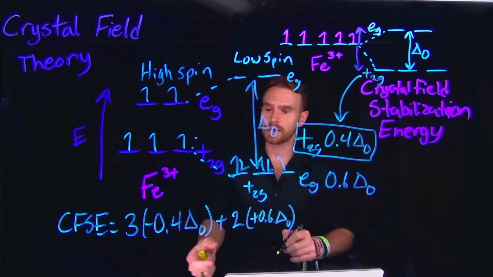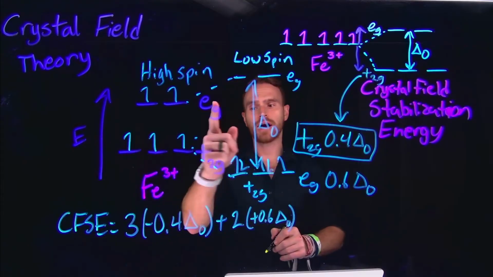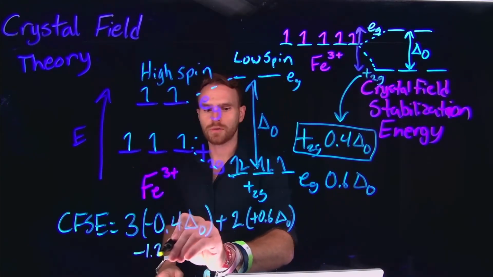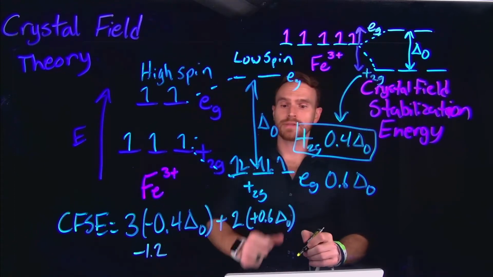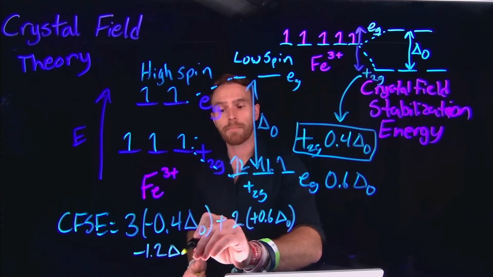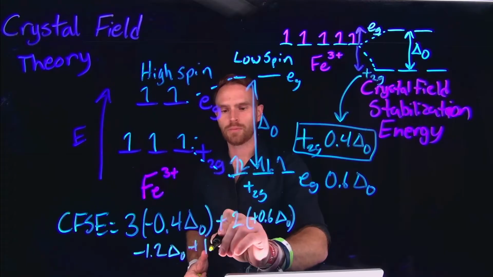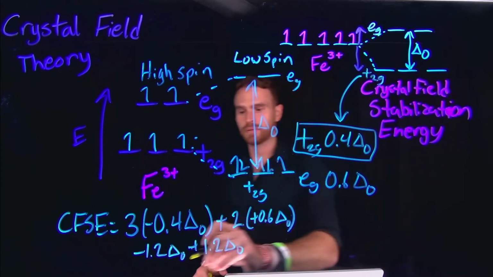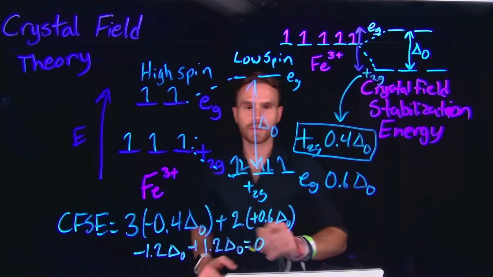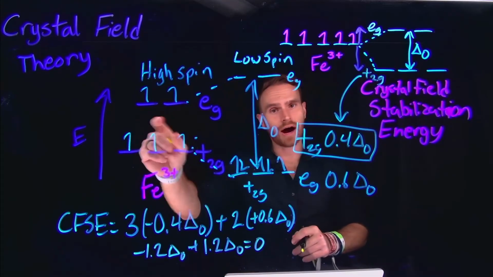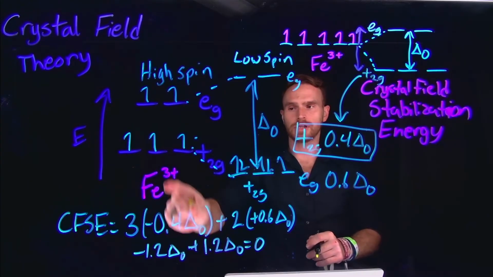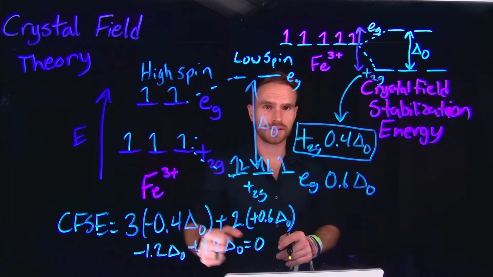Now importantly, in this case, when we only have 5 electrons, 3 times negative 0.4 is negative 1.2, and 2 times 0.6 is a positive 1.2 times that delta O. And this ends up being an overall value of 0. So in this case, for a 5 electron system, the crystal field stabilization energy is 0 in the high spin state.